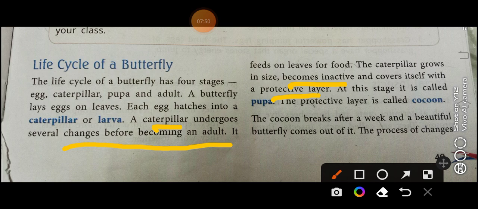That protective layer is called the cocoon, and this stage is called pupa.